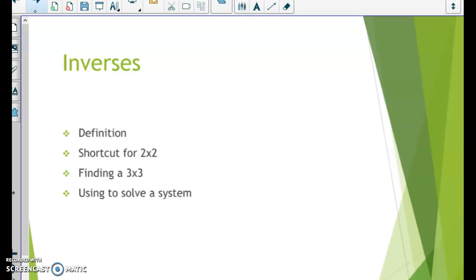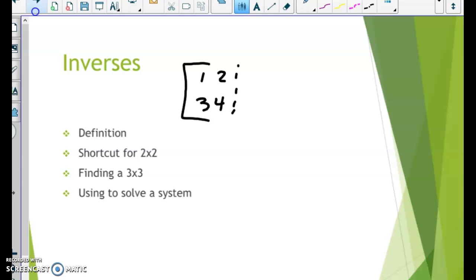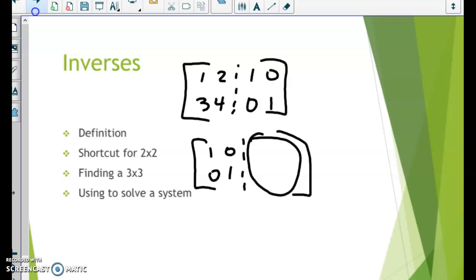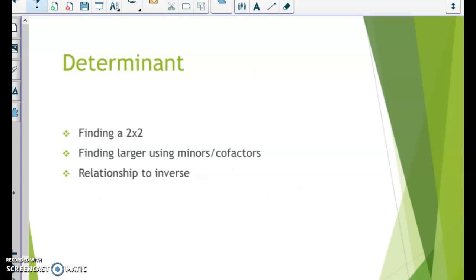Know how to find inverses. If I have a matrix, say 1, 2, 3, 4, and I want to find the inverse of it, I just put it as the first matrix, and then this will be the inverse over there. Using it to solve a system, yeah, that's what we do it for.